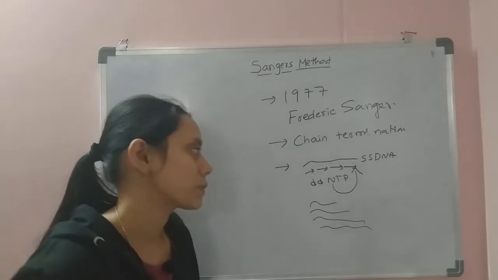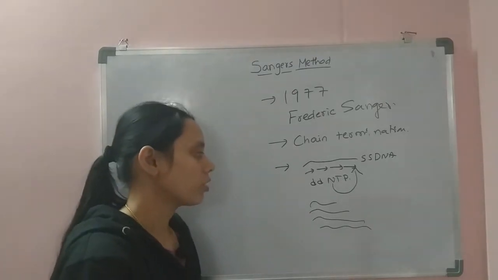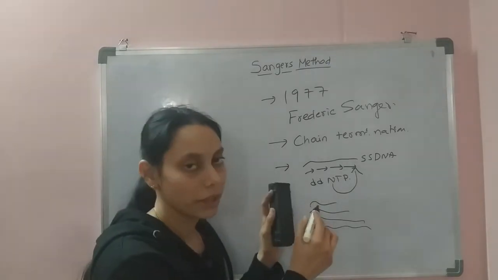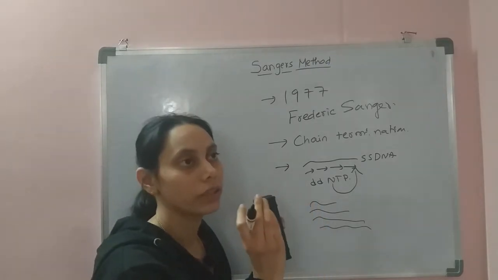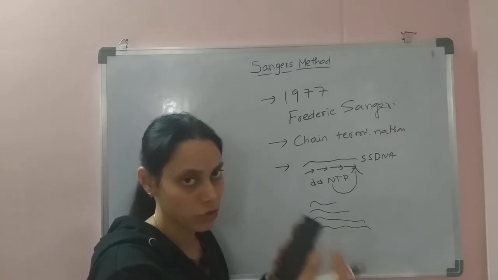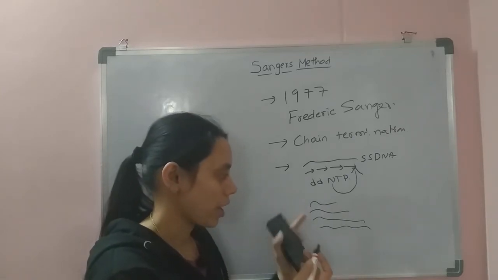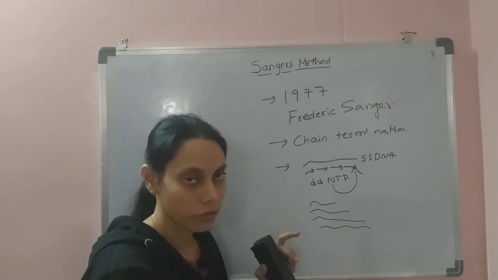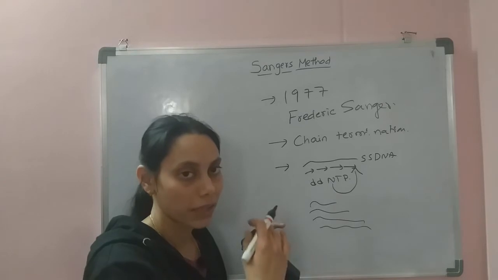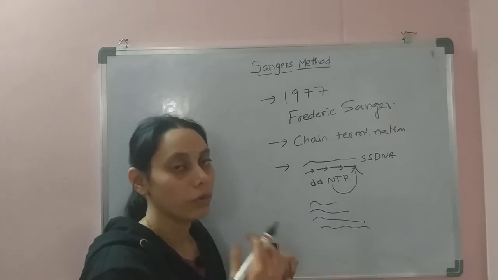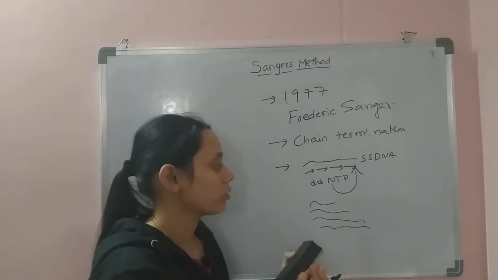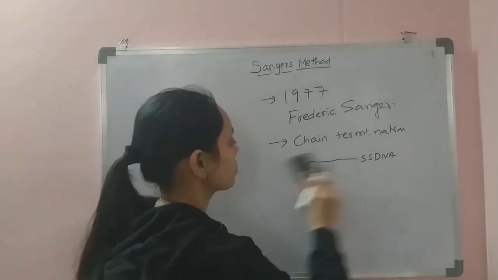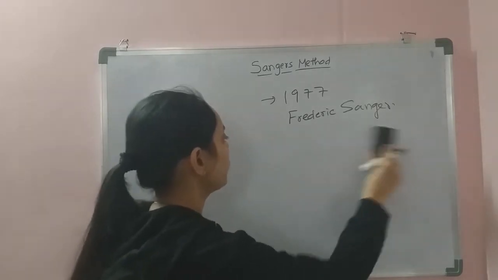That is the basic principle of Sanger's method. The chain terminators are added, synthesis of the newly complementary strand is stopped, different lengths of fragments are obtained and separated in gel electrophoresis, and the banding pattern helps determine the sequence of the DNA. That is how Sanger sequencing is carried out.